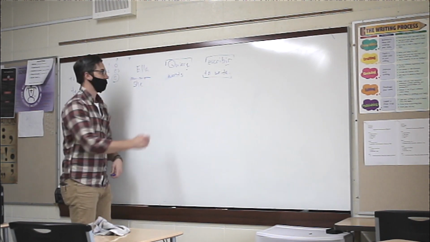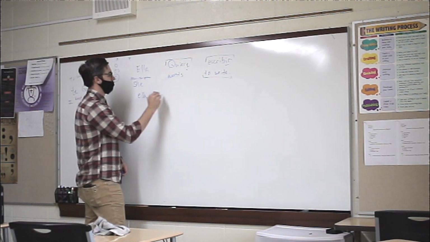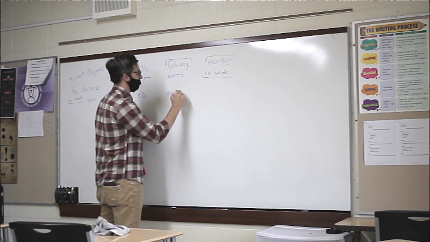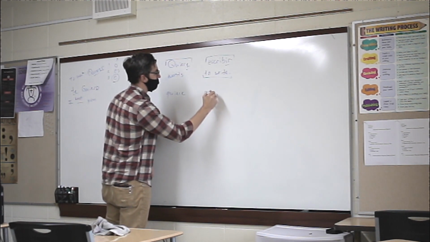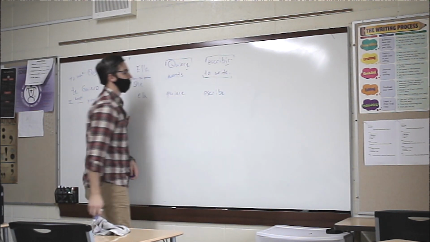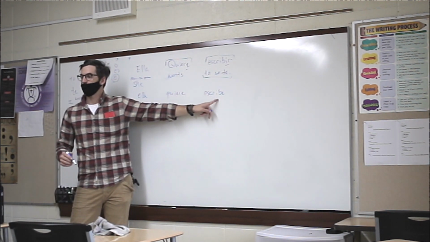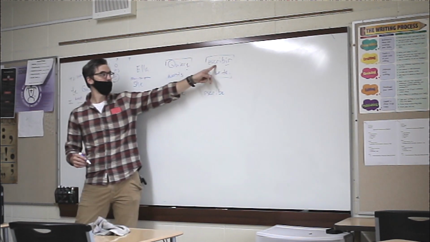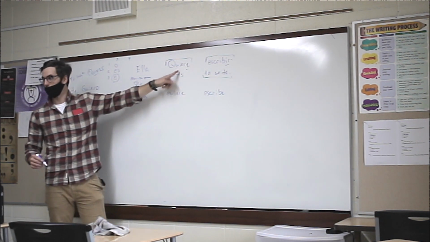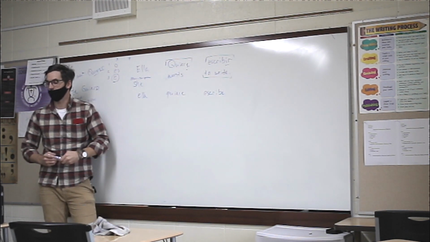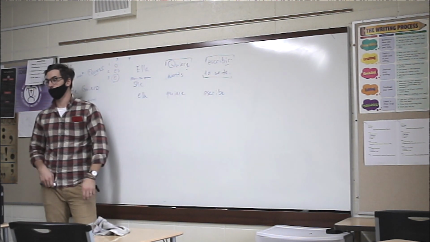We don't say ella quiere escribe. Right? Escribe means she writes. But that's wrong because we only use infinitives after a conjugated verb. It wouldn't make sense to say, she wants, she writes.